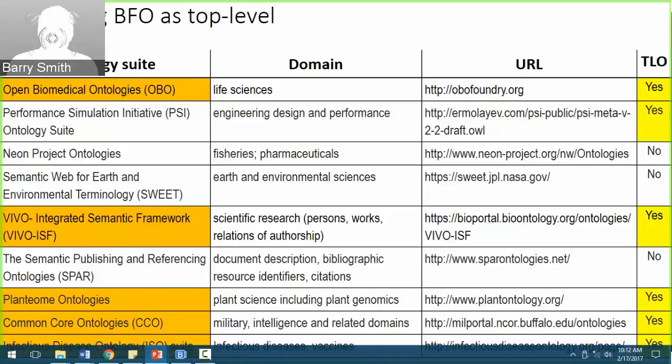This is a suite of ontologies which has been heavily used over more than 12 years now to support interoperability across different branches of biology and medicine. And it's been very successful. I think the leaders in the OBO community will acknowledge that part of the reason for that success is because BFO has proved useful to promote interoperability across many different ontologies.